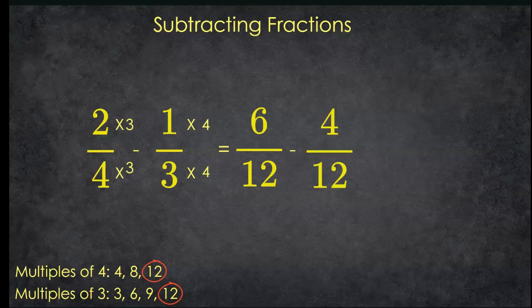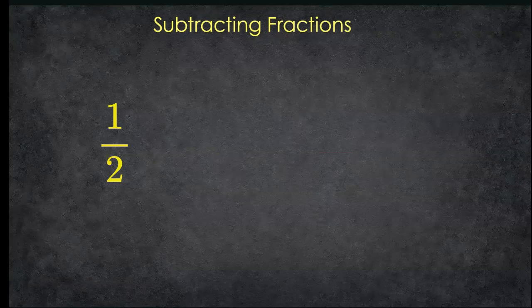Now that they are the same denominator, I am able to subtract. Just remember, when we add or subtract, we are only doing that with the numerator. The denominator stays the same. So 6 minus 4 is going to give me 2, and I'm going to be in 12ths. 2/12 is my answer.